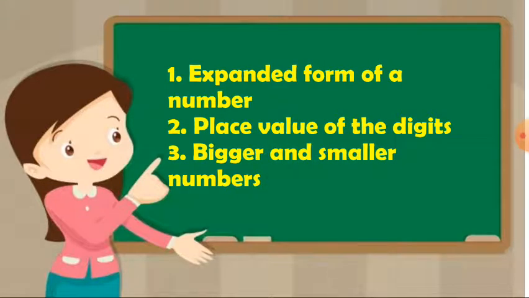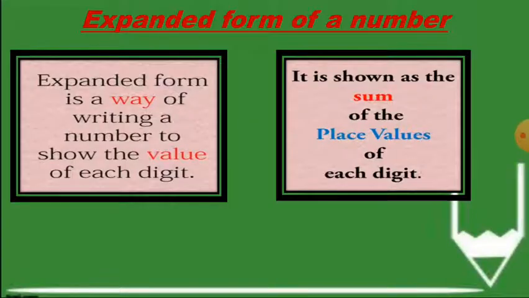Now students, expanded form you have already studied, but let's take an example and understand it in a better way. So what is expanded form? Expanded form is a way of writing a number to show the value of each digit.